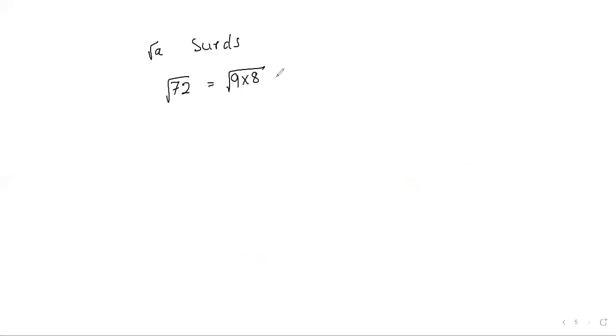This can be written as square root of 9 multiplied by square root of 8. The square root of 9 is 3 multiplied by square root of 8. Now, square root of 8, you can take this further. This is 3, square root of 8 is 4 times 2.